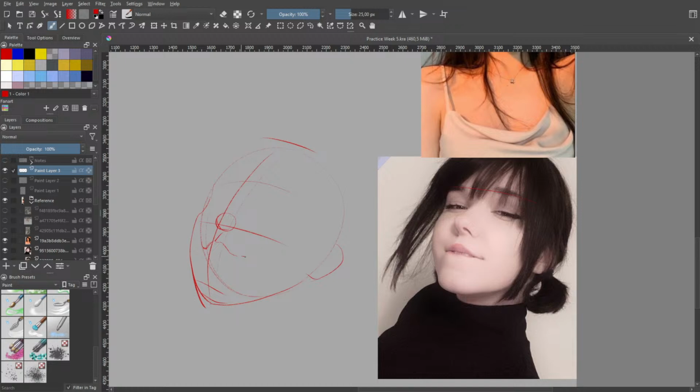There's so many small details here in this face. I'm getting lost here. Lost in the weeds.